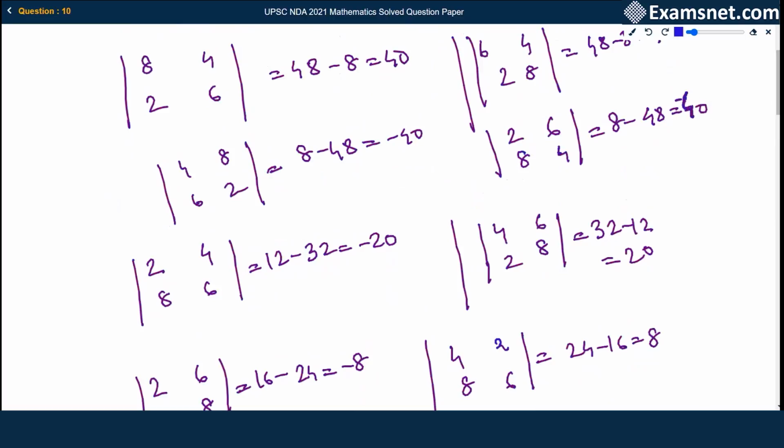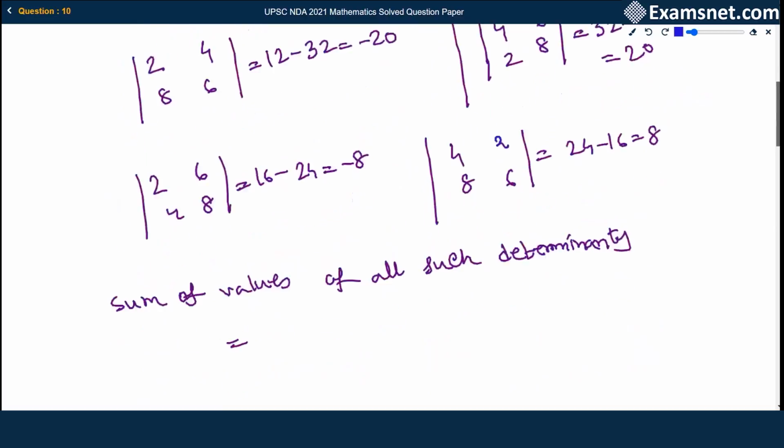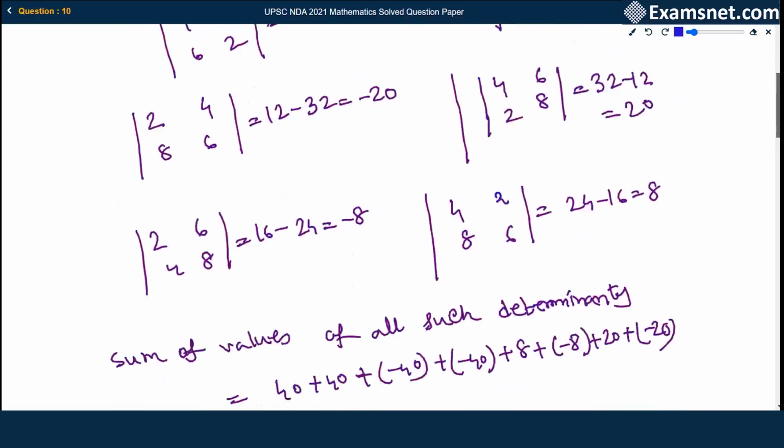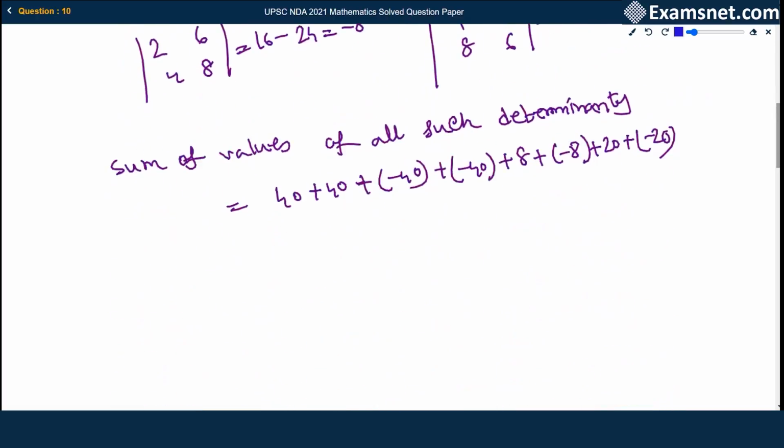It should be minus 40. So 40 plus 40 minus 40, one more minus 40, plus 8 minus 8, plus 20 minus 20, right? Yes. Now I can see that the value of this summation is 0.